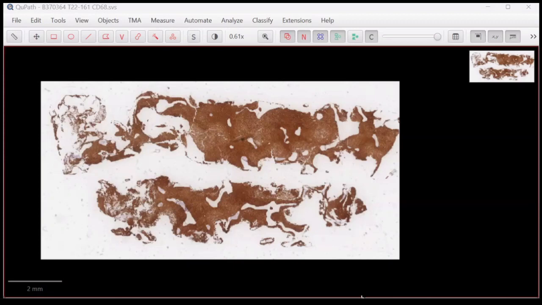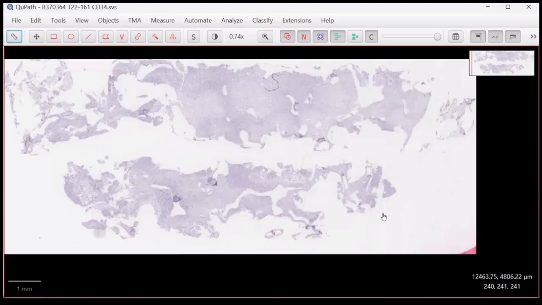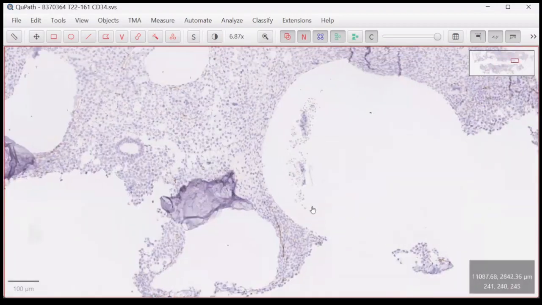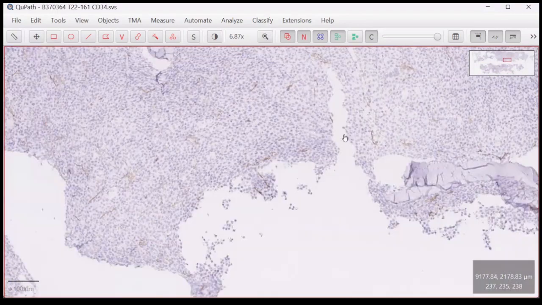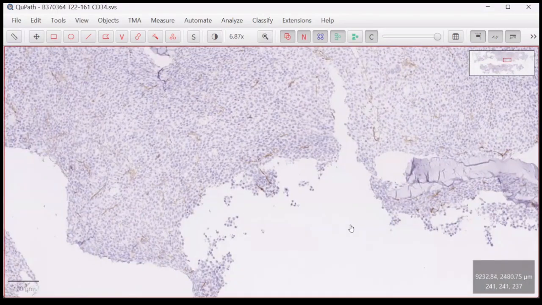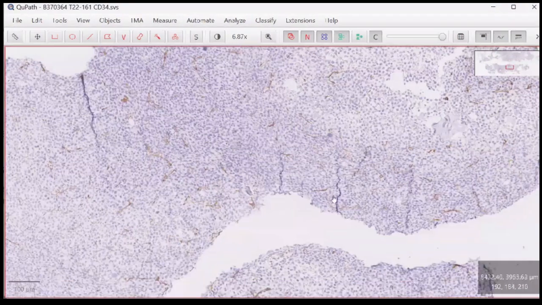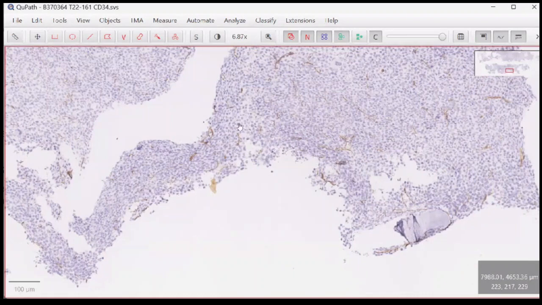This is CD34, negative. CD34 just highlights collapsed blood vessels. At least we know the staining is working. Okay, just collapsed blood vessels.